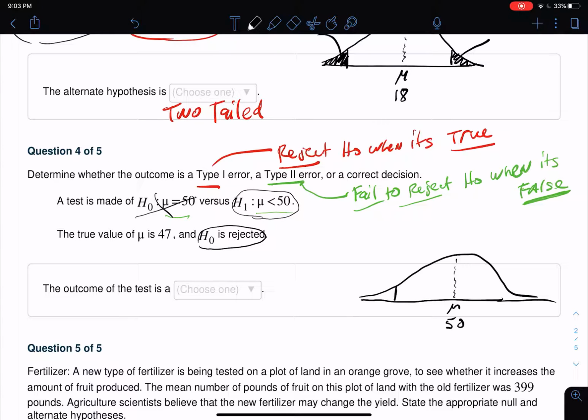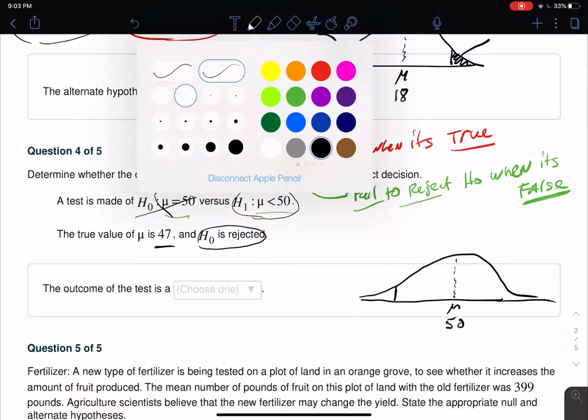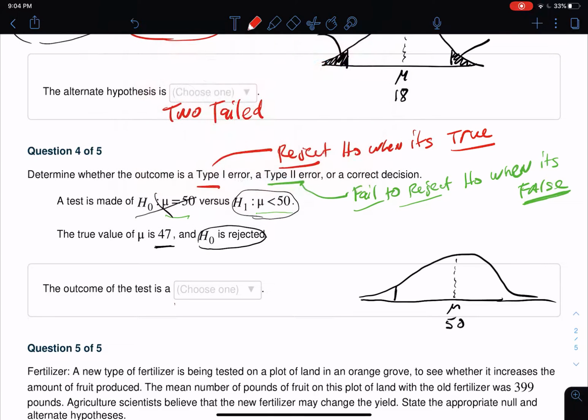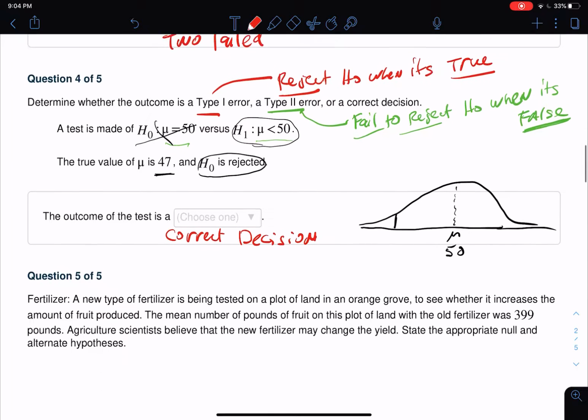It says that mu is less than 50, and it actually is less than 50. So this is not an error. This is a correct decision. We thought it had to be an error, but it's not. We called it right there.